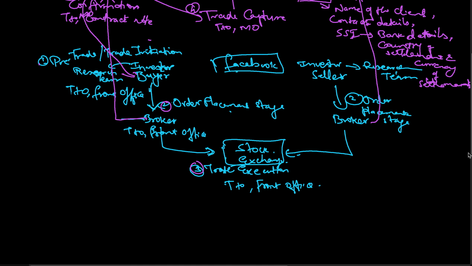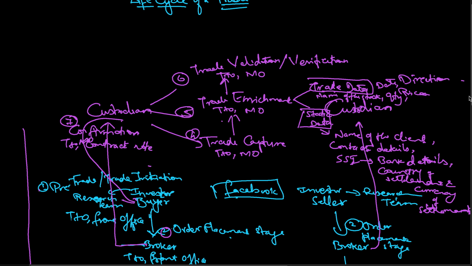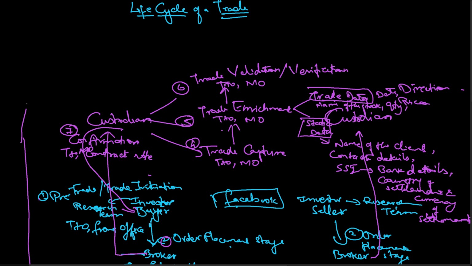Then simultaneously, at the end of the day, the stock exchange will pull all the trade details and pass them on to another entity called the clearing house. Now what do we mean by clearing house?